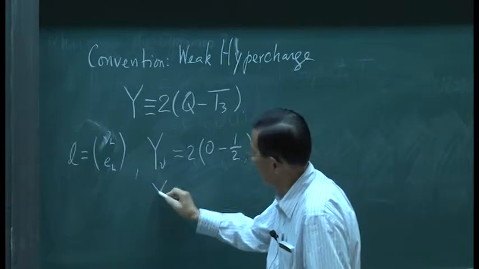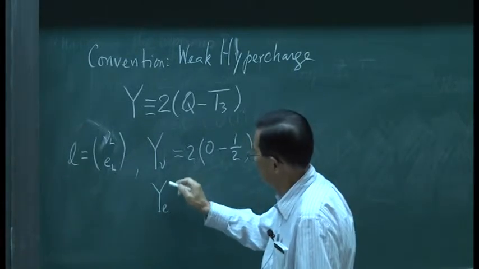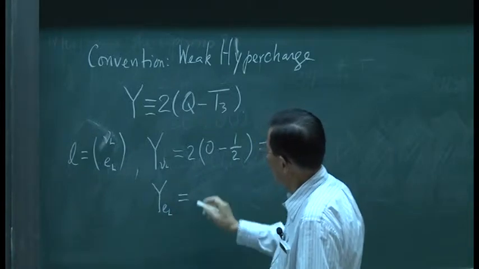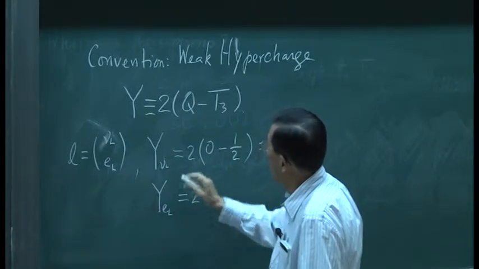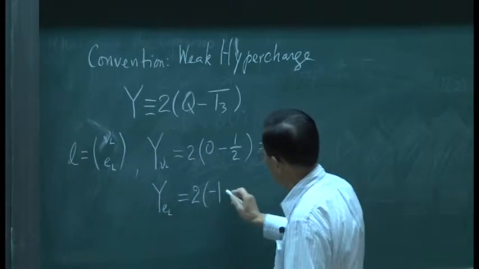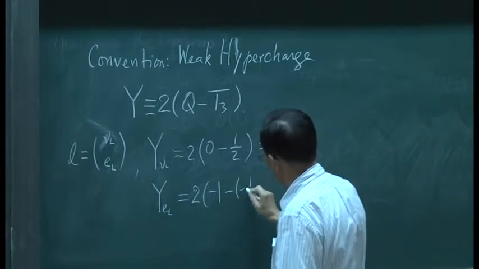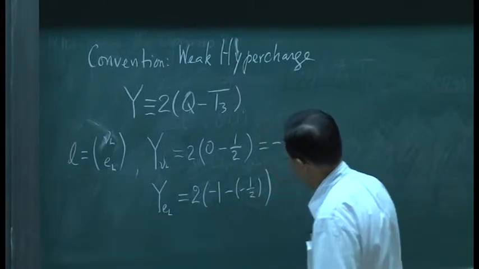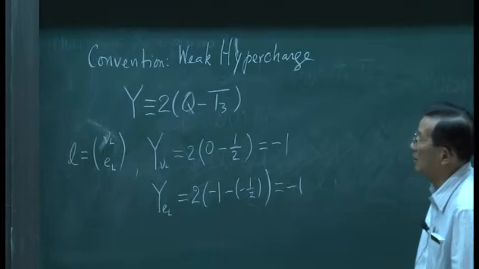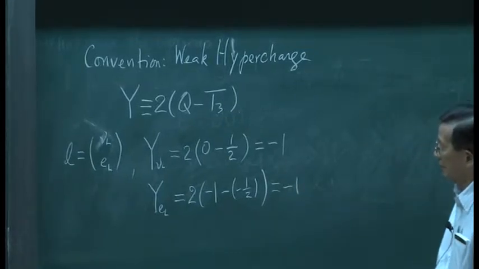Now the electron, that will be equal to T2, and the Q equal to -1, and T3 equal to -1/2. Okay, so that's equal to also -1, is that right?